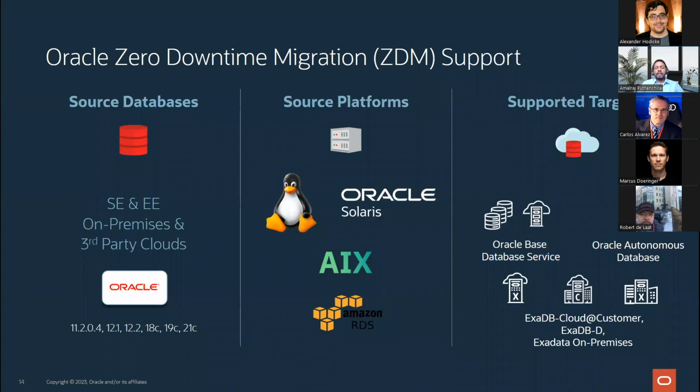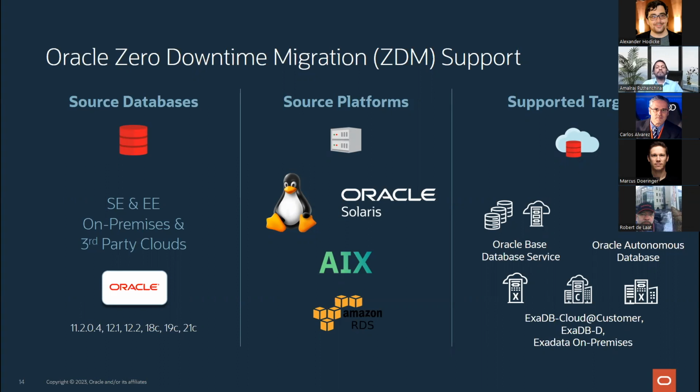So now, at least I hope you got a fair idea about where ZDM stands among the solutions, and why it is important to understand ZDM. Now let us see what source databases, source platforms and target platforms it supports. It supports Standard Edition and Enterprise Edition databases, starting from 11.2.0.4 till 21c and beyond.